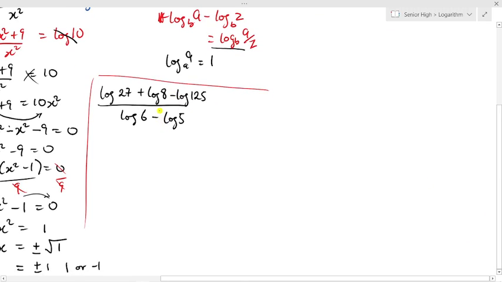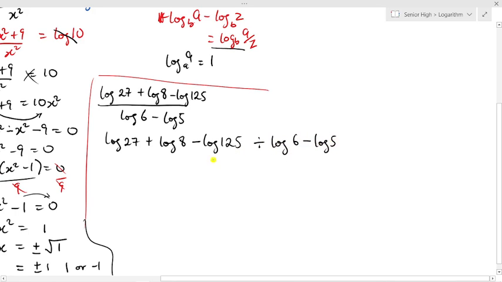I'll try to first of all break it apart. So this division sign, let's break it apart and take it separately. So this will become (log 27 plus log 8 minus log 125) divided by (log 6 minus log 5). Now this will help us to simplify our solving.